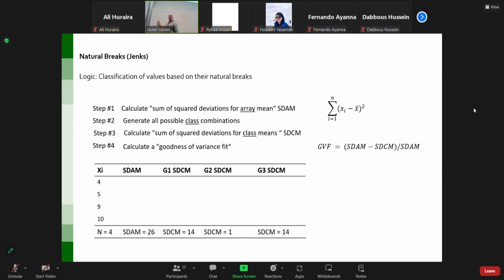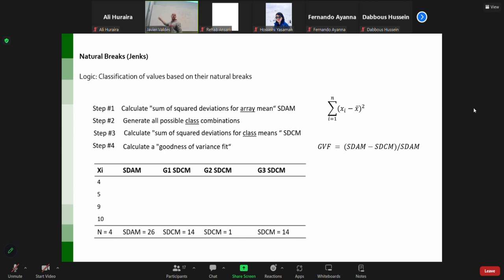Now, what is the deviation of the first element of the array, which is 4, from the mean, which is 7? And this, I want the square. Okay, nice. And for the second one, that is the sum of square deviation for the array, from the array mean.